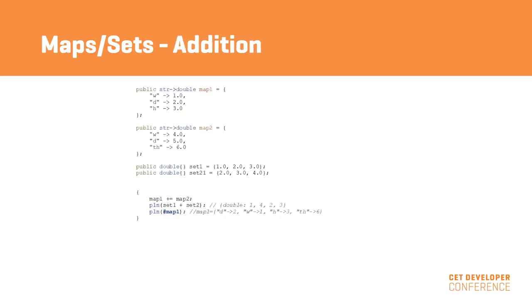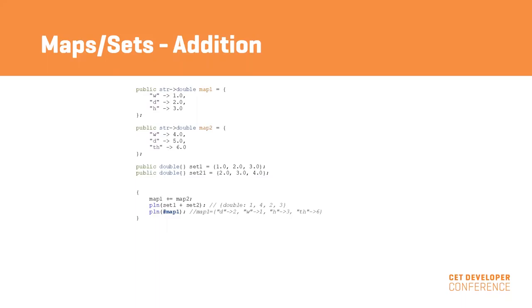Okay, map addition. When you use the addition operator on maps and sets, you're merging them. What that means is the left will take priority and any unique keys from the right will be added to the left. Order doesn't matter for sets. So here you can see that I'm adding map 1 with map 2.